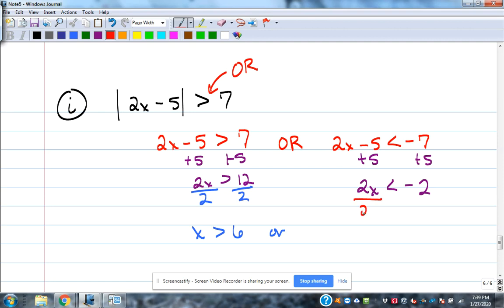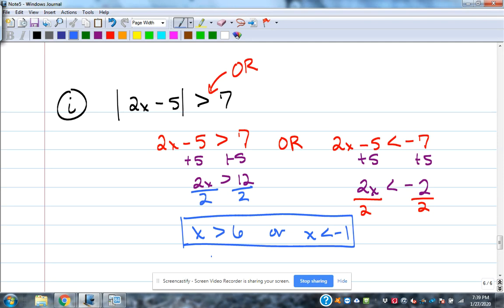Divide by 2. X is less than negative 1. So there's our inequality answer there. X is either greater than 6 or less than negative 1.